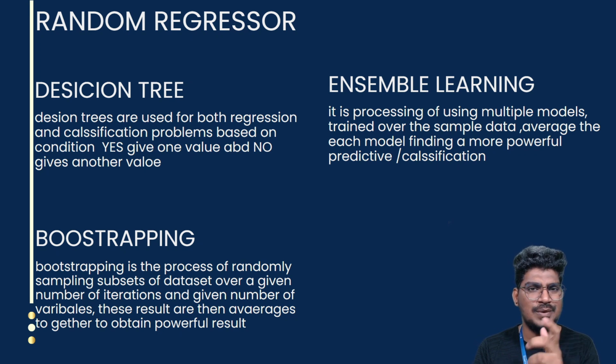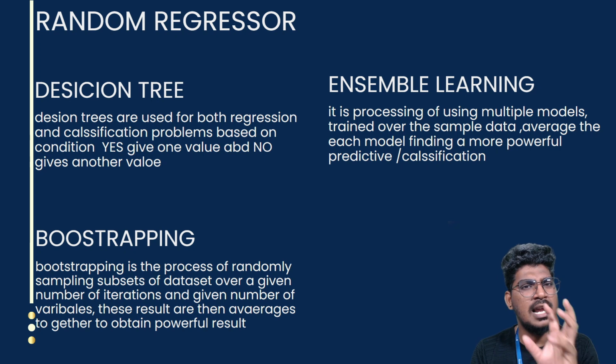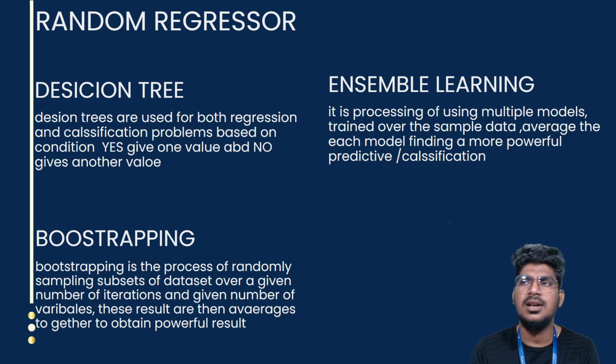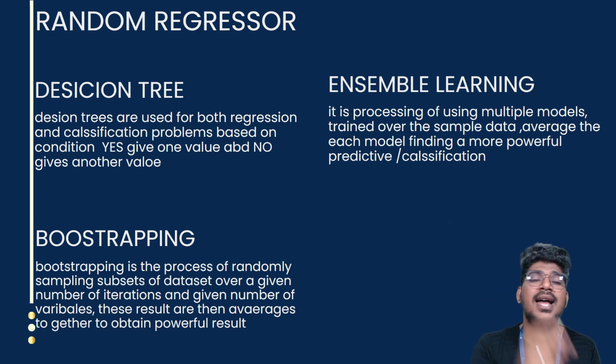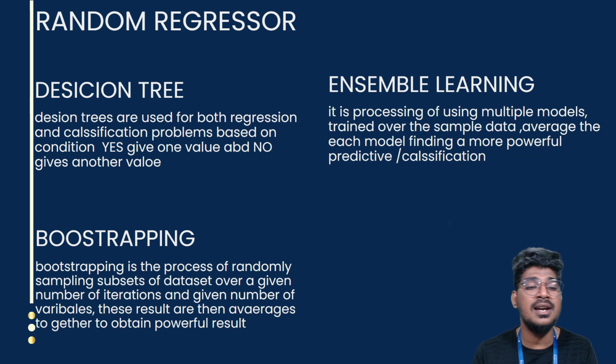So what is the decision tree exactly? Based on certain conditions, the decision tree is helpful for giving the solution for the regression problem and also the classification problems. Based on the condition, if the condition is yes, it will give one particular value. If the condition is no, it will give another value. That is a regression.